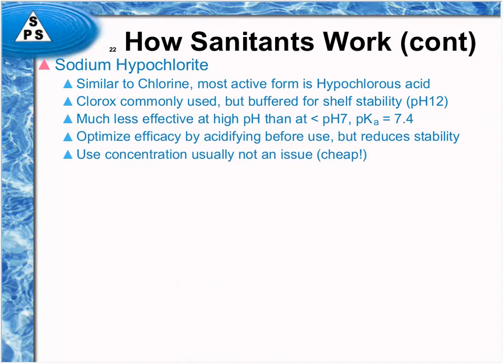The concentration that you use it at is usually not a problem because it's cheap. So you can use it at high concentrations. Full-strength bleach is often about 50,000 ppm as chlorine. It's often used as low as 100 or 200 ppm. I've seen 400 as an often quoted number.